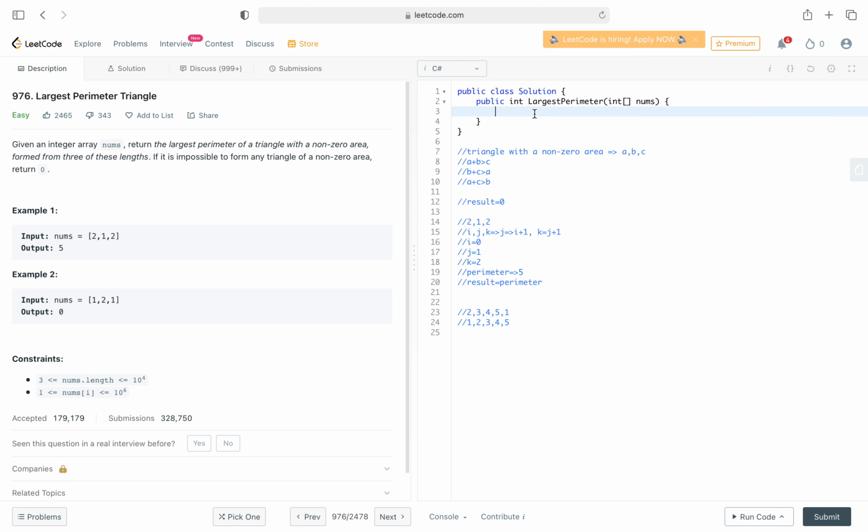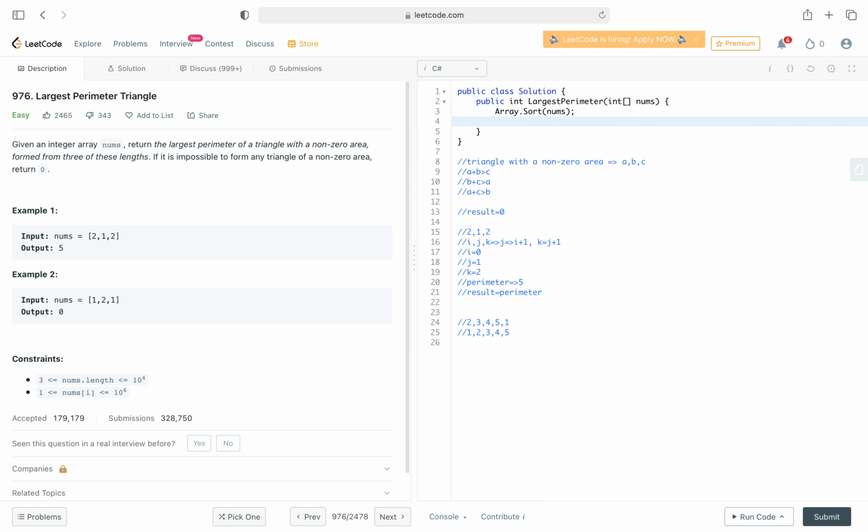Before we solve the problem, we need to sort the array, right? Sort, yes, with a capital letter. Then I need to loop over every element in this array, starting from the rightmost to the leftmost.